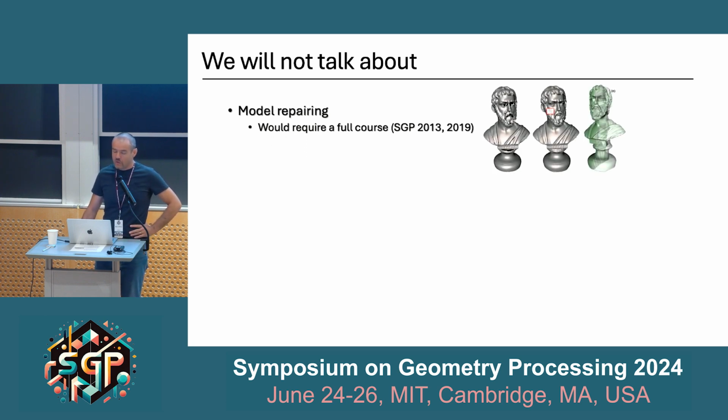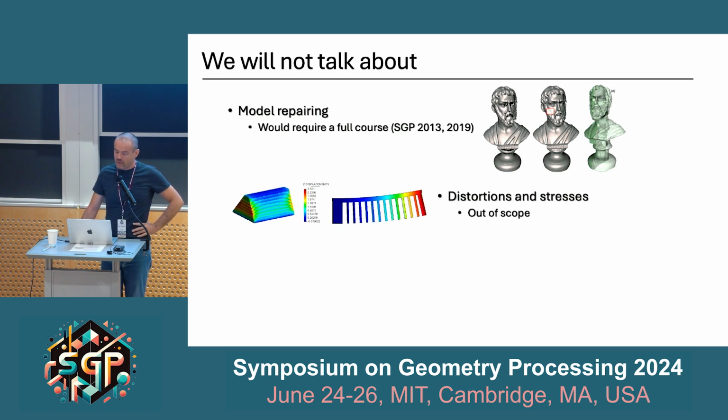What we will not talk about during this lecture is model repairing. Model repairing is very related to 3D printing because, as I was saying, invalid 3D models may spoil the process, but this would require a whole lecture on its own, and I point you to my previous courses at SGP in 2013 and 2019 for this.